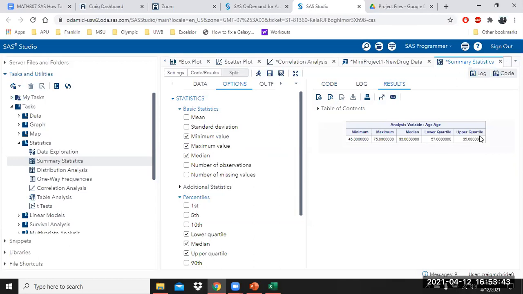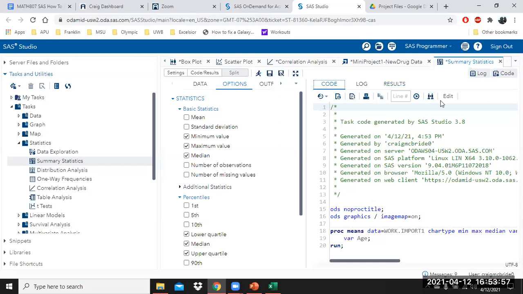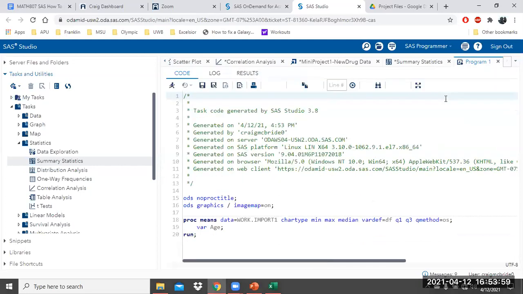Now it's not in the correct order, right? The 5 number summary should go minimum, lower quartile, median, upper quartile, max. If you went to the code and did edit, you could get it to do that by rearranging the order in which these are written.